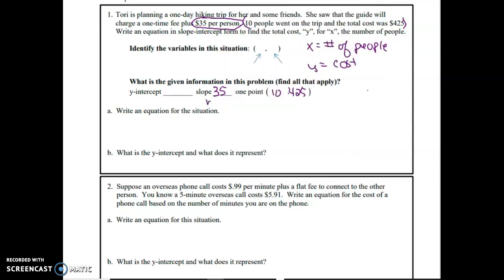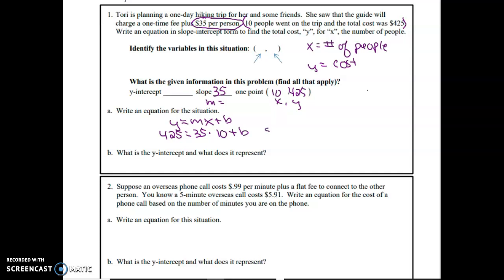Okay, so I have my M, I have my X, I have my Y, and it says write the equation. So just like you did on your quiz, you need to fill it in. Your goal is to find this number, the y-intercept. So 425 is your y, equals m is 35, times x, which is 10.